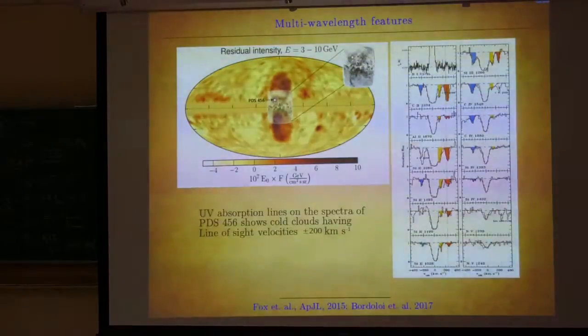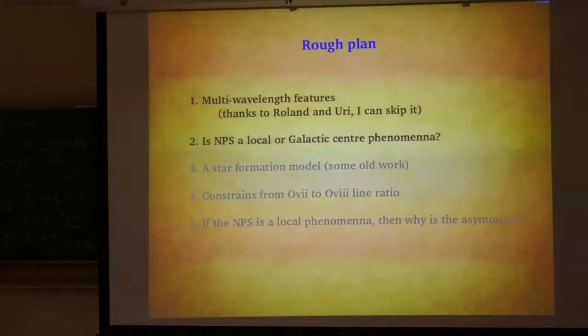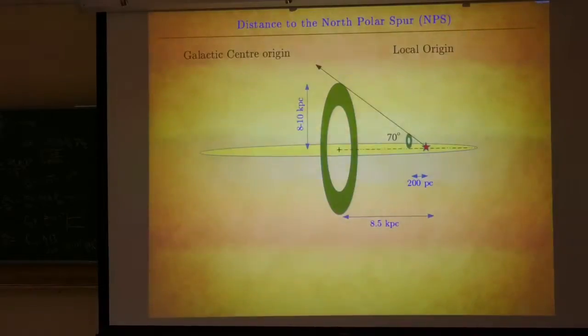So I want to focus a few minutes on this. The origin of the NPS has been discussed for over half a century now. It is still being debated, and in my opinion it is getting settled now with very recent results. Historically, there have been two kinds of arguments for the NPS.